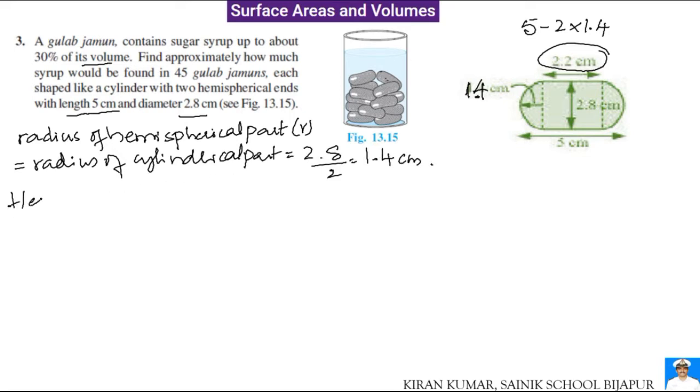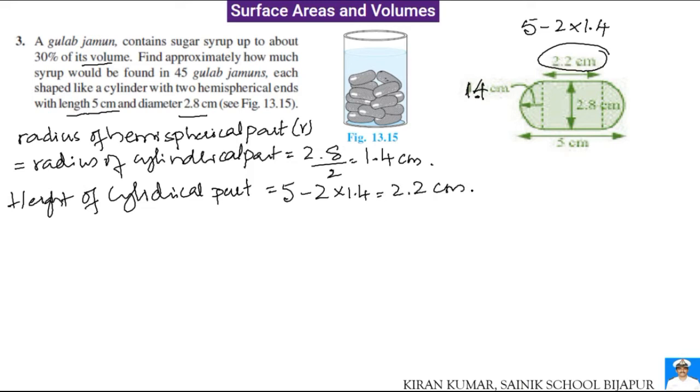Hence, the height of the cylindrical part will be equal to 5 minus 2 times of 1.4, which is 2.2 centimeter. So let me find out the volume of one gulab jamun.